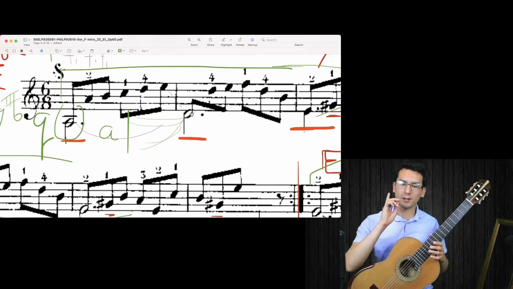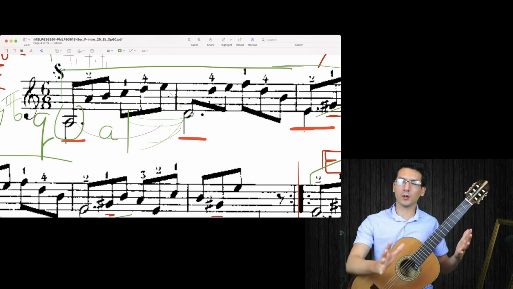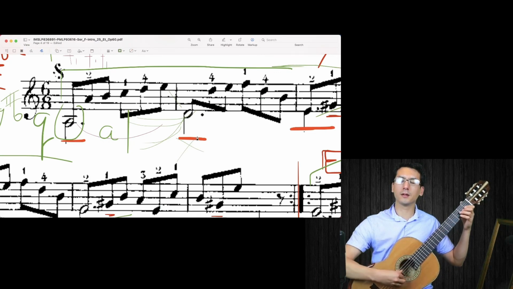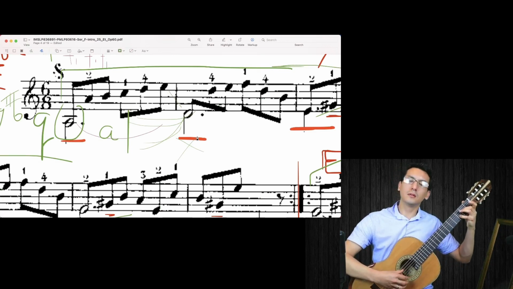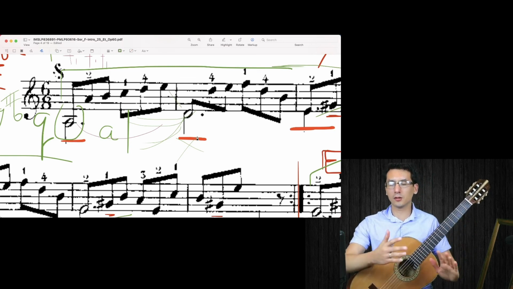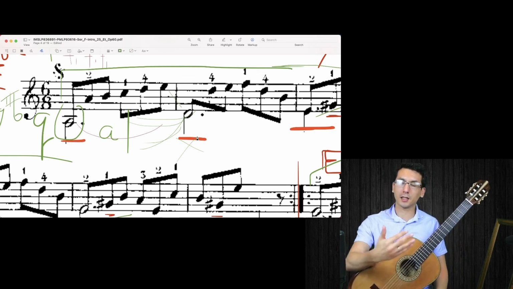But I want to control it at the same time. So this A in the bass, I actually want to cut it at this point, so that the transition to the new harmony is clean.